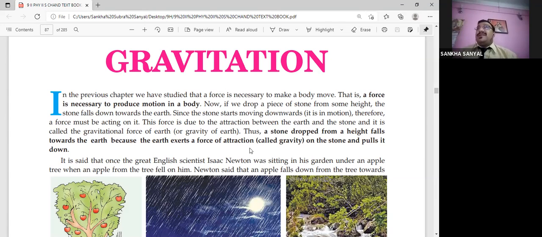In fact, there will be deceleration in the body till the time it reaches the zenith. Once it reaches over there, the final velocity becomes zero. And once it becomes zero, it takes a turn and moves towards the earth under the influence of the force of gravity. This is what we need to discuss in this chapter.